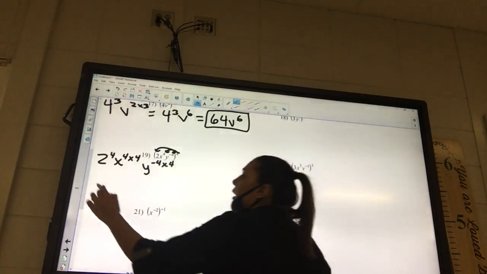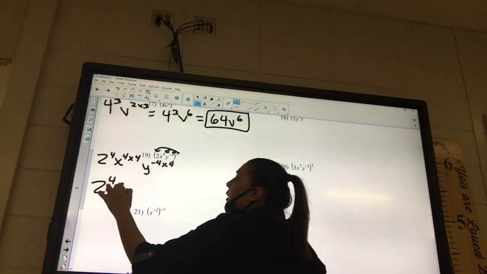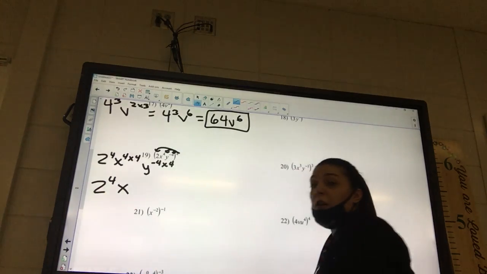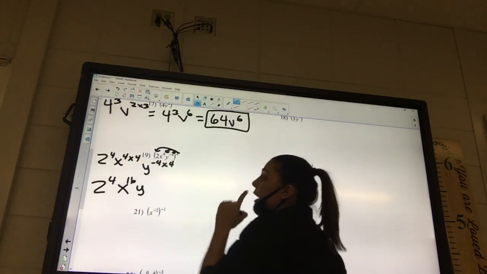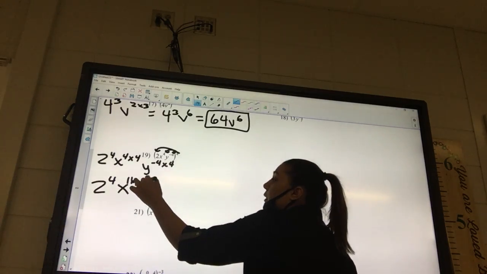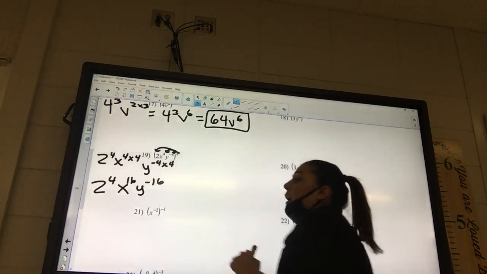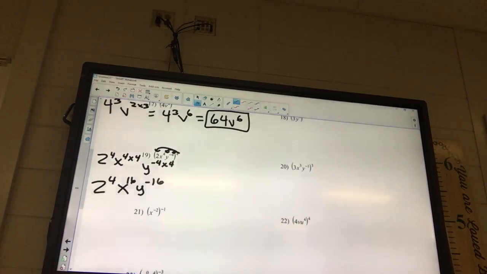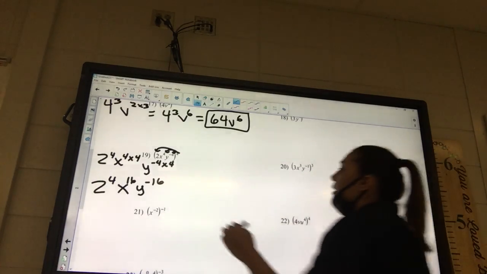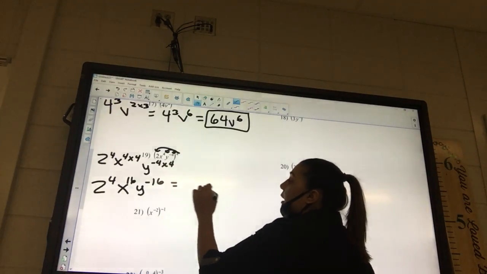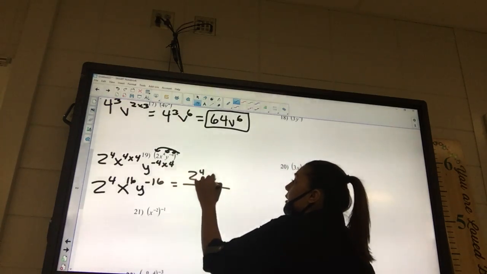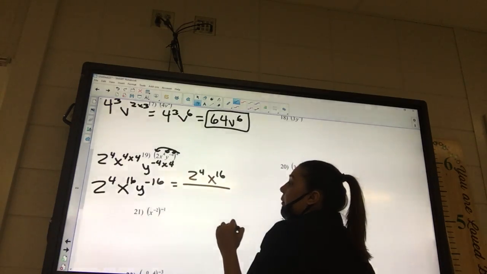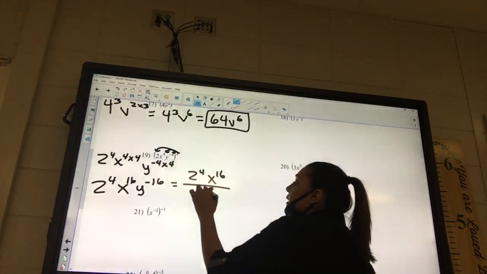So I got 2 to the 4th, x to the 16, y to the negative 16. Can we do negative exponents? No, so we need to rearrange some stuff. 2 to the 4 can go on top, x to the 16 can go on top, y to the 16 goes on bottom.